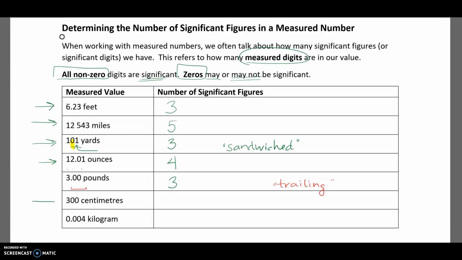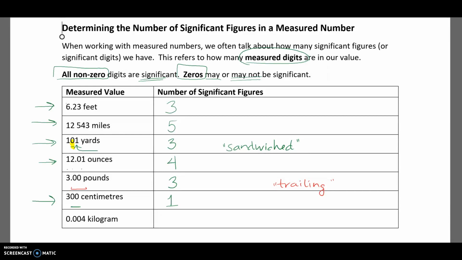Look at the difference in the next example where we have 300 centimeters, but notice there is no decimal point written. We don't know if these 2 zeros were measured or if they were just put there to be placeholders and keep that 3 in the hundreds position. Since we don't know, we assume that they were not measured, and this number would have 1 significant figure.